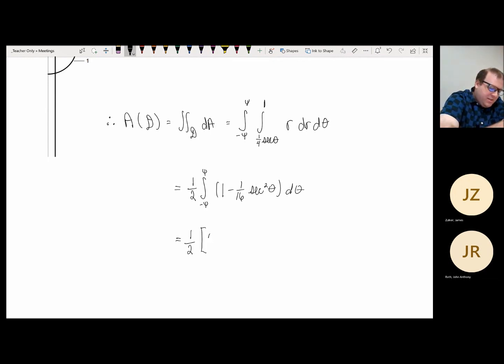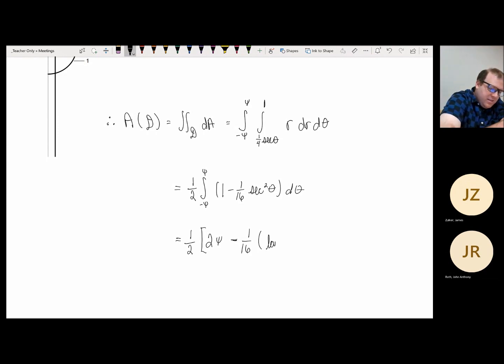Length of that interval, 2 times psi. Antiderivative of secant squared, it's just tangent. And of course, that's going to be evaluated from negative psi to positive psi.